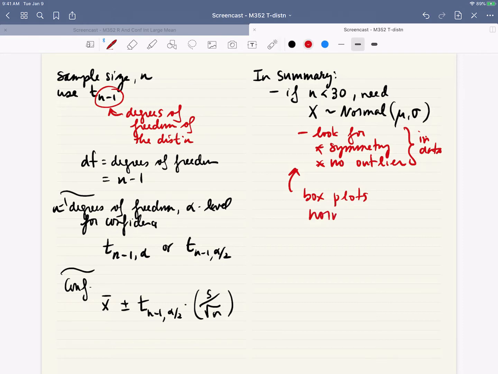There's a thing called a normal plot the book talks about. But when you use a box plot, you can see whether or not the data looks symmetric by looking at the box plot, seeing if the whiskers are symmetric, and seeing if the mean is right in the middle of that box. Box plots also give you a concrete way to see if there are outliers.